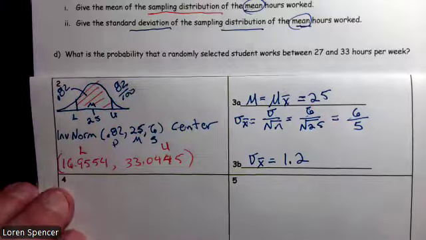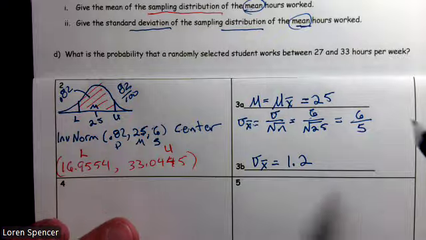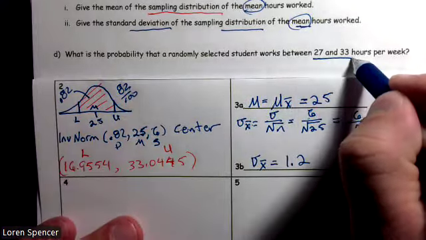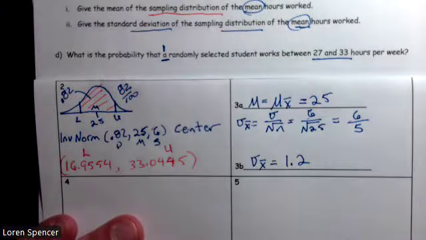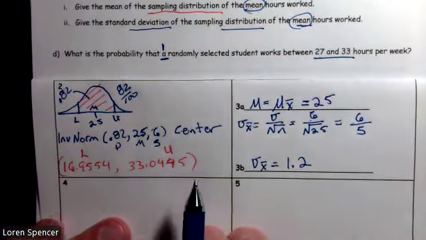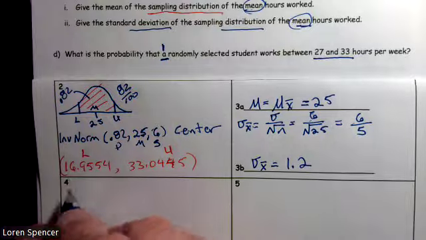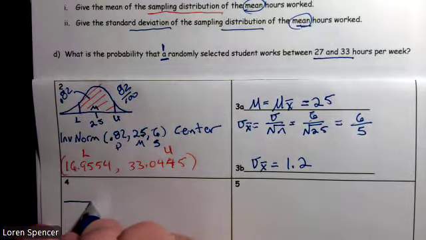What is the probability that a randomly selected student works between 27 and 33 hours? A means we're looking for 1. The fact that I'm looking for 1 means this is a normal CDF. So we're going to go ahead and draw our picture.